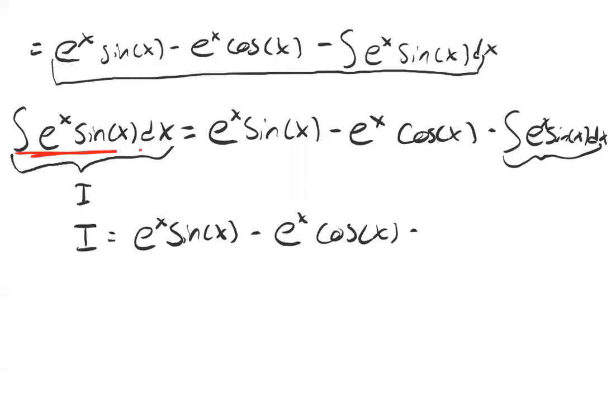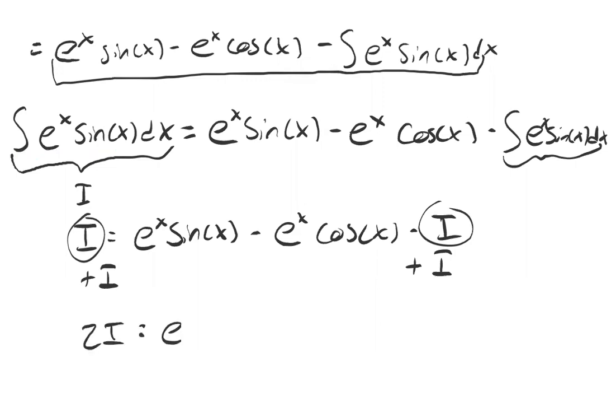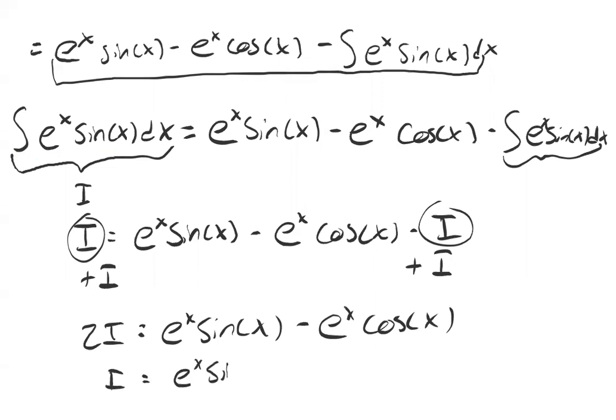So I can call that I. And now this is an equation to just solve for I. If I add I to both sides, I get 2I is equal to e to the x sine of x minus e to the x cosine of x. So I is then equal to e to the x sine of x minus e to the x cosine of x, divided by 2.